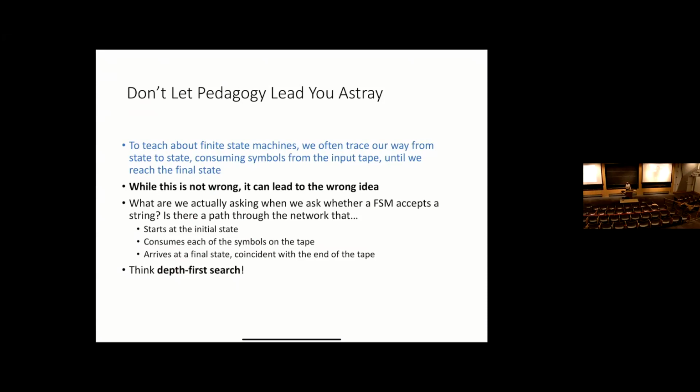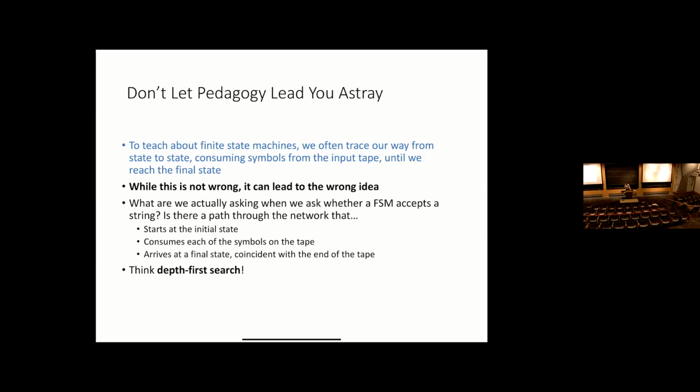Then people get confused when you could take more than one transition away from a state. They think, which way does it go? Which way do you go? I don't know. I'm paralyzed by indecision. But that's not the right way to think about it.